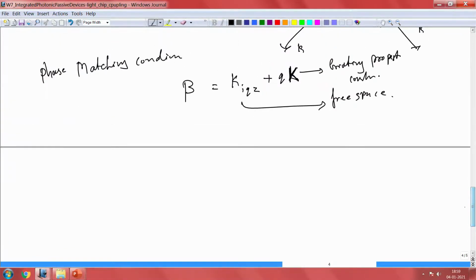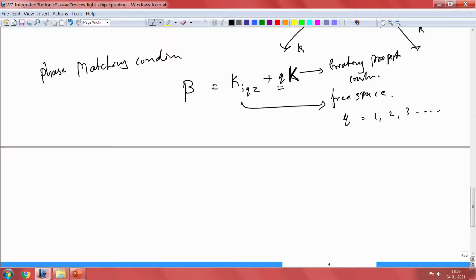Once we match this, we should be able to make sure that we have coupling. You can choose the order of your grating based on q. We know q can be anywhere between 1, 2, 3; these are all integral numbers that you can pick. So we can design these gratings appropriately and find the right order that you could couple the light into.